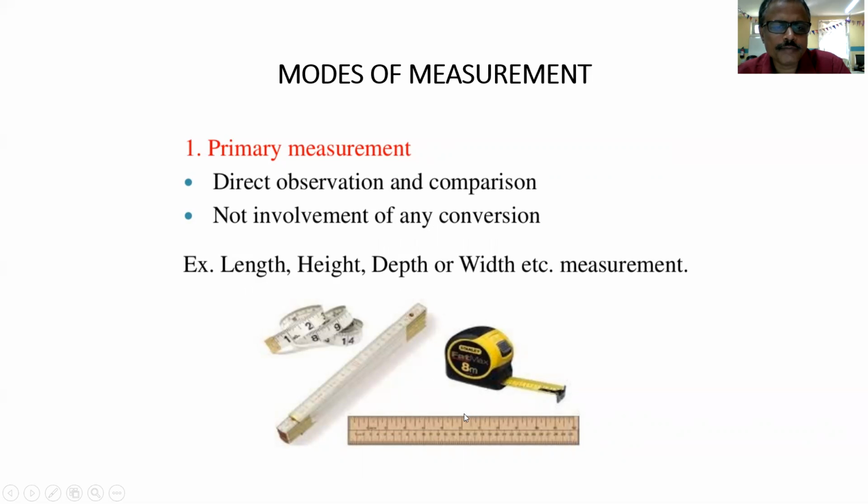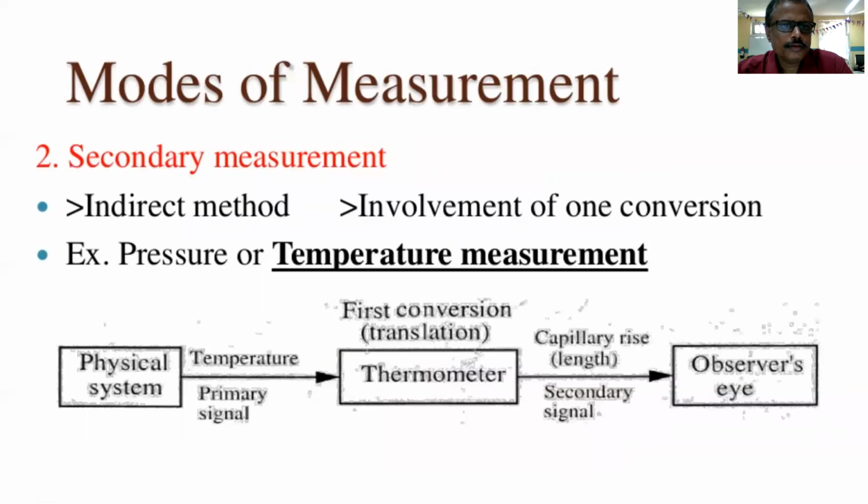So what happens in direct measurement is you are getting the results of comparison by simple or direct observation. Then there is another type of measurement called secondary measurement.